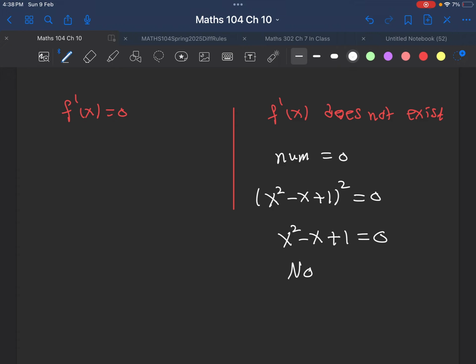If we try it with the calculator and the quadratic formula, it will give me no real solution. If you try it with the calculator, you will get i, which means it will give you a complex solution. So no real solution.